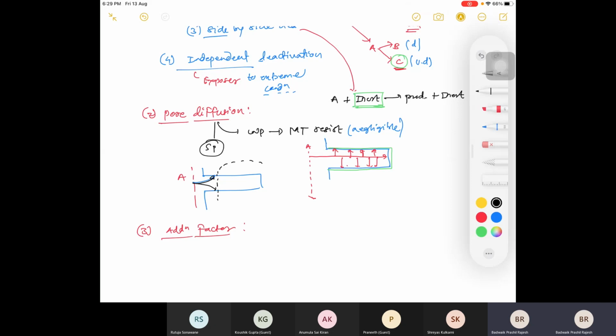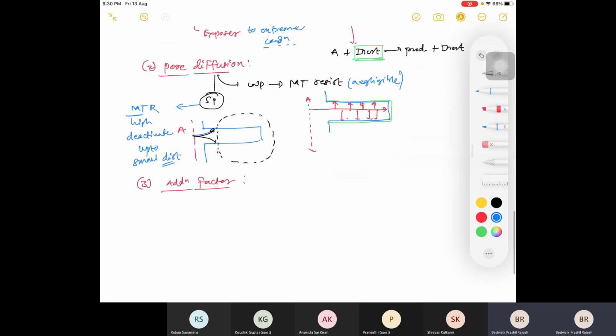In case of strong pore, the mass transfer resistance (MTR) is high, so it will deactivate up to a small distance.